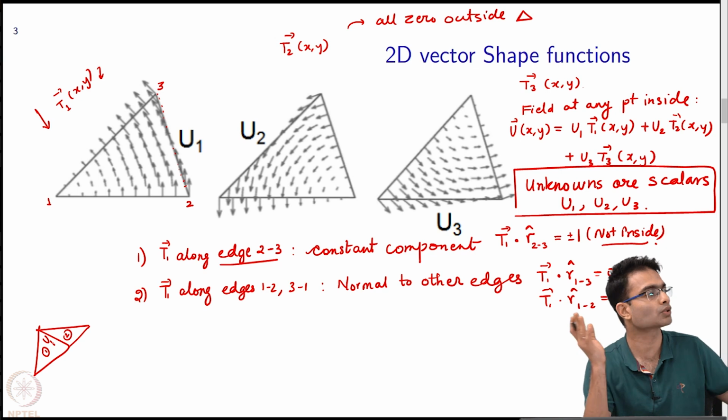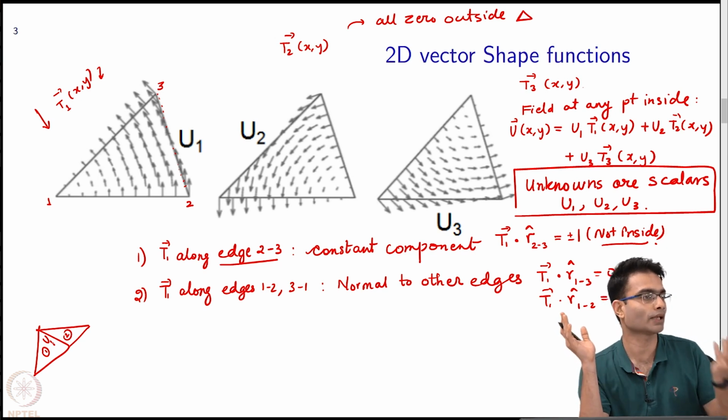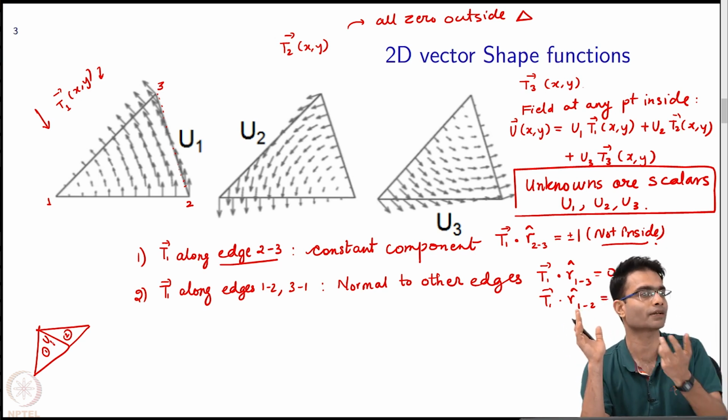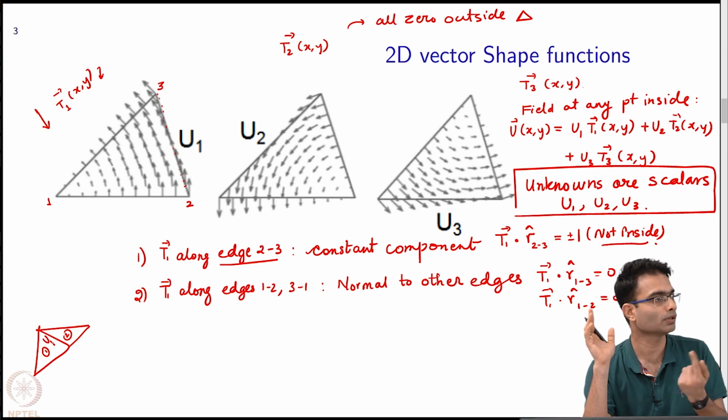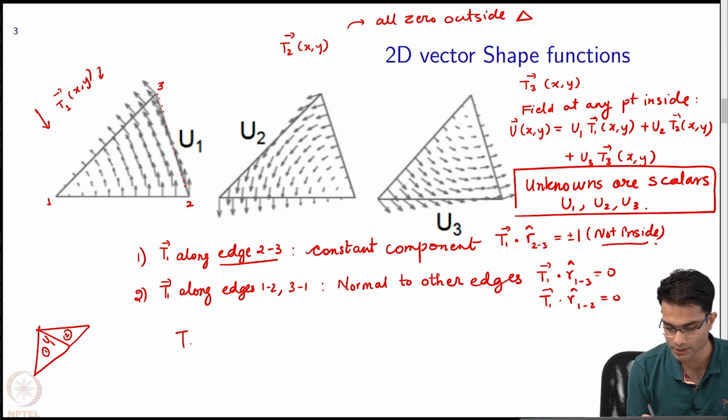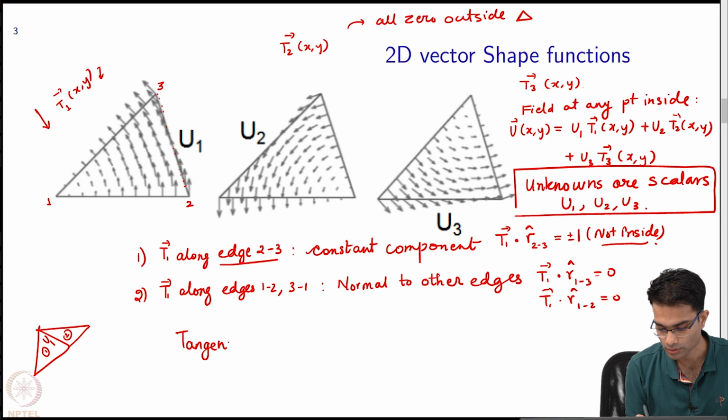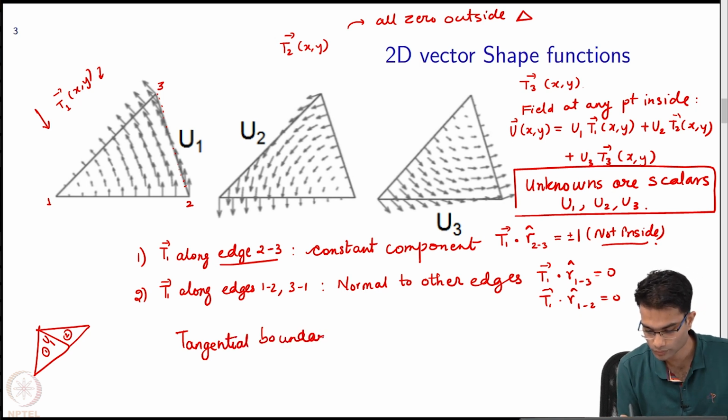It is like what we had in the node based 1D FEM, the value at the node is common to both elements. Why create two variables? One variable. So, tangential boundary conditions are automatically satisfied.